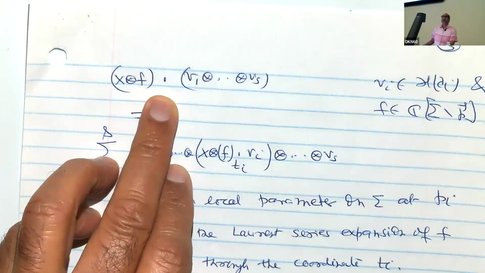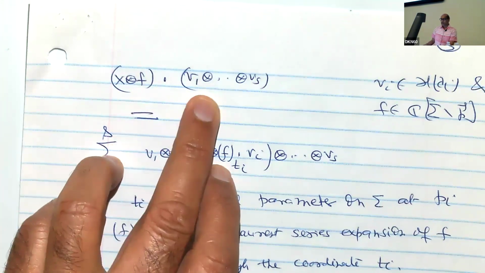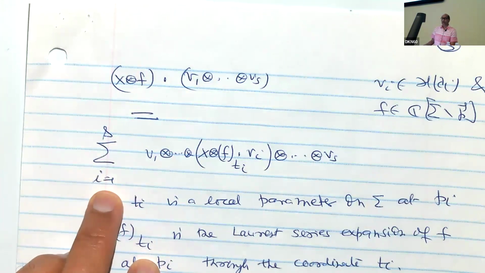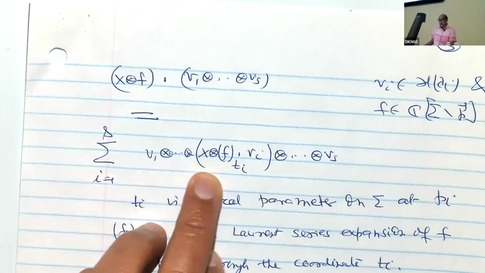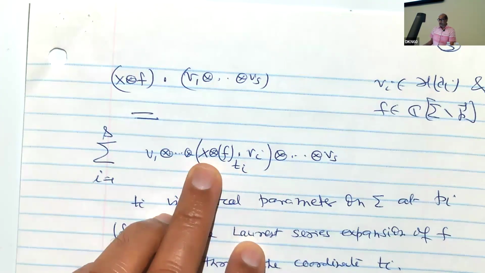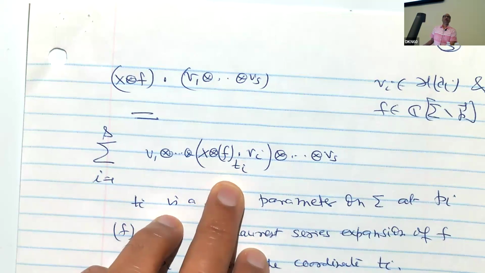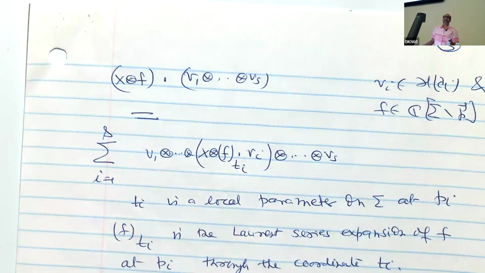So X tensor F acts on V1 tensor V2 tensor ... Vs as you take the summation from 1 through S, and in the ith factor you take X tensor F Ti. This is the Laurent series expansion of the function F, which is defined on this curve minus all these points Pi.